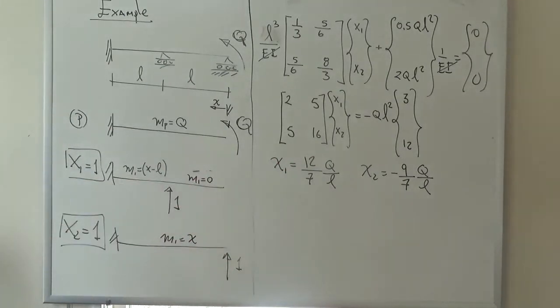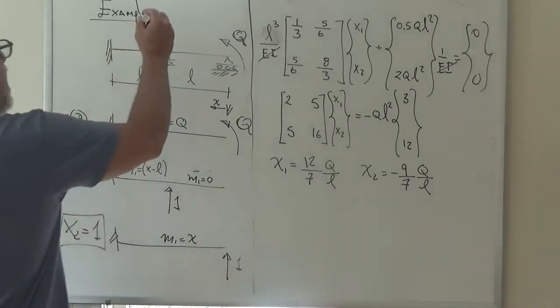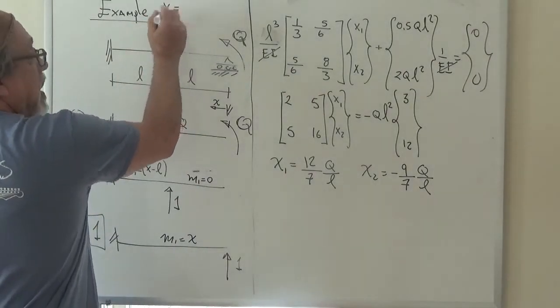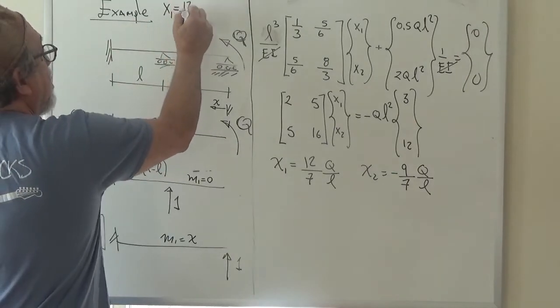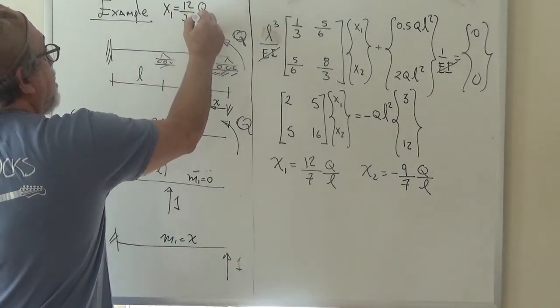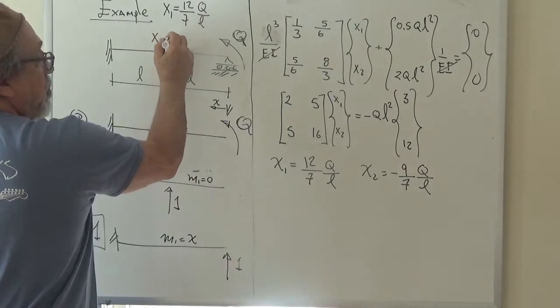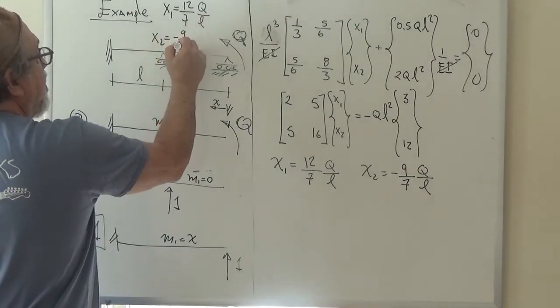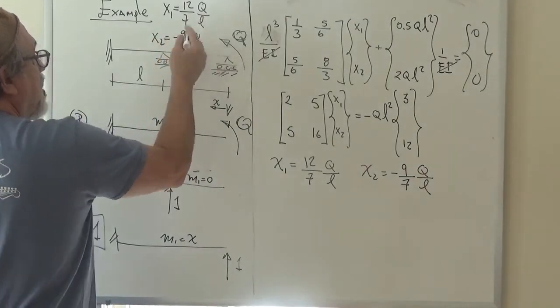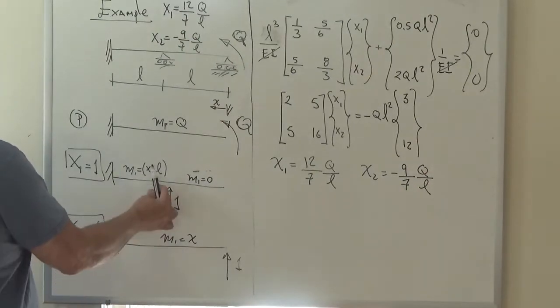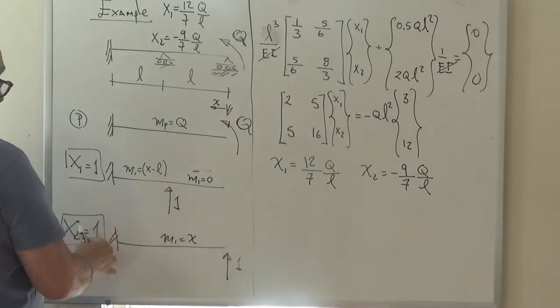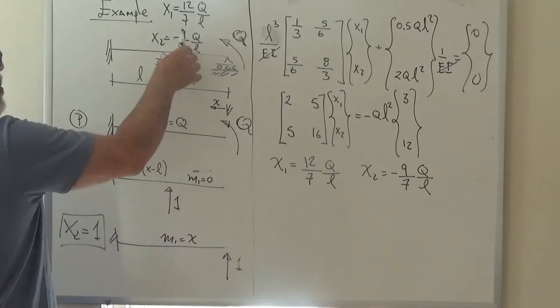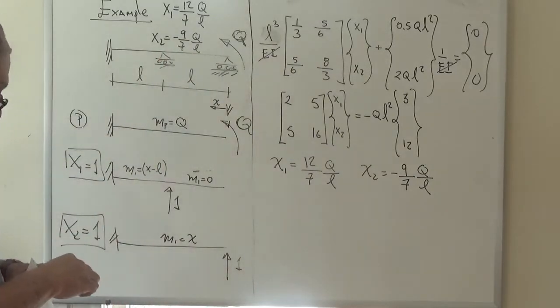So you can do it like that. In this particular case, I'm just going to write here that x1 is equal to 12/7 of Q over L, and that x2 proved to be minus 9/7 of Q over L. What does the minus mean? The x1 is up, which is in the direction assumed, and the x2 is down, because in the direction assumed you got a negative, right?